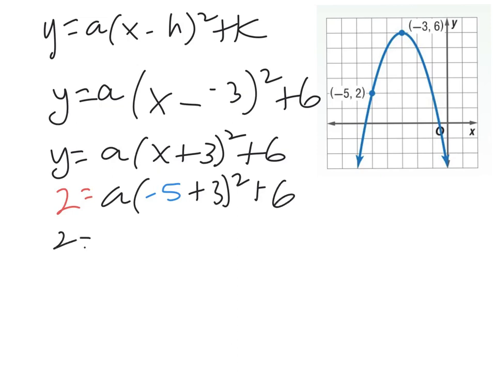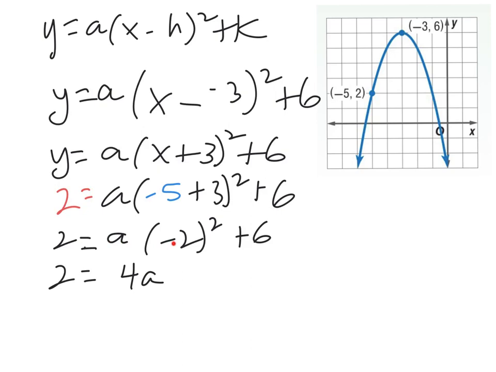So here's what I have. I've got 2 equals a times negative 2 all squared plus 6. So 2 equals negative 2 squared is positive 4. Remember, whenever you square a number, it turns out positive. So that's actually 4 times a, which is 4a, or a times 4. So again, this here is 4.